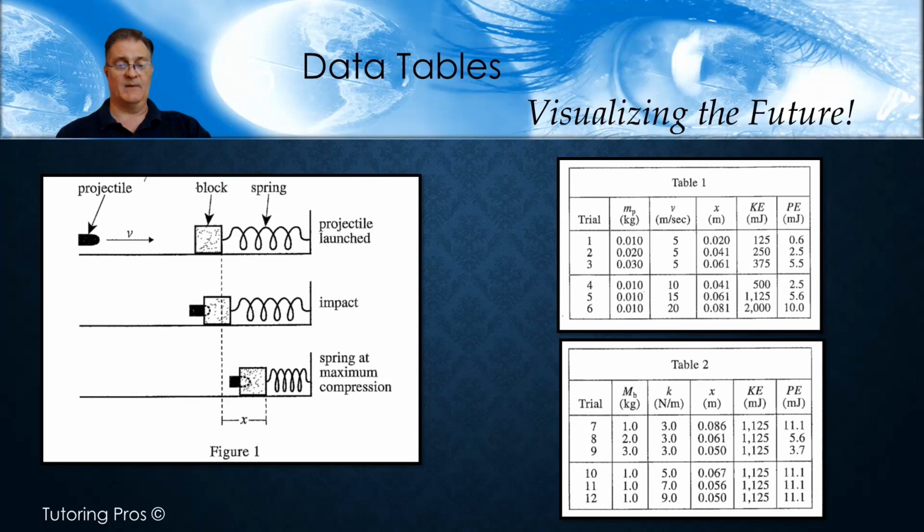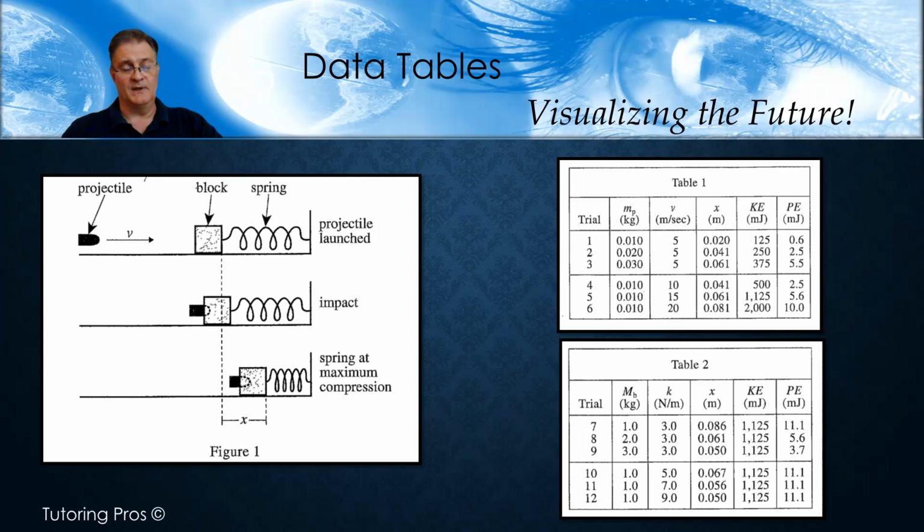Well, if we make the spring more tense, wouldn't it be that the block and spring would compress less? Well, let's look at the value of X. What does the value of X do as we increase the spring tension? As we increase the spring tension in trials 10, 11, and 12, the X distance in 10 is 0.067. In trial 11, it's 0.056. In trial 12, it is 0.050.